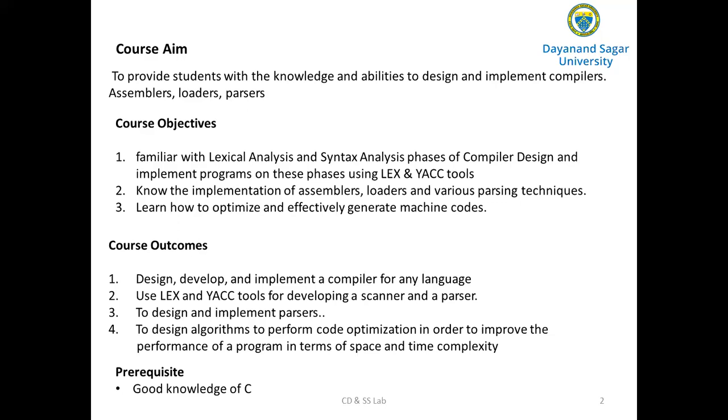And what are the course objectives? So there are three course objectives. The first course objective is to become familiar with the lexical analysis and syntax analysis phases of compiler design and implement programs on these phases using Lex and Yacc tools.